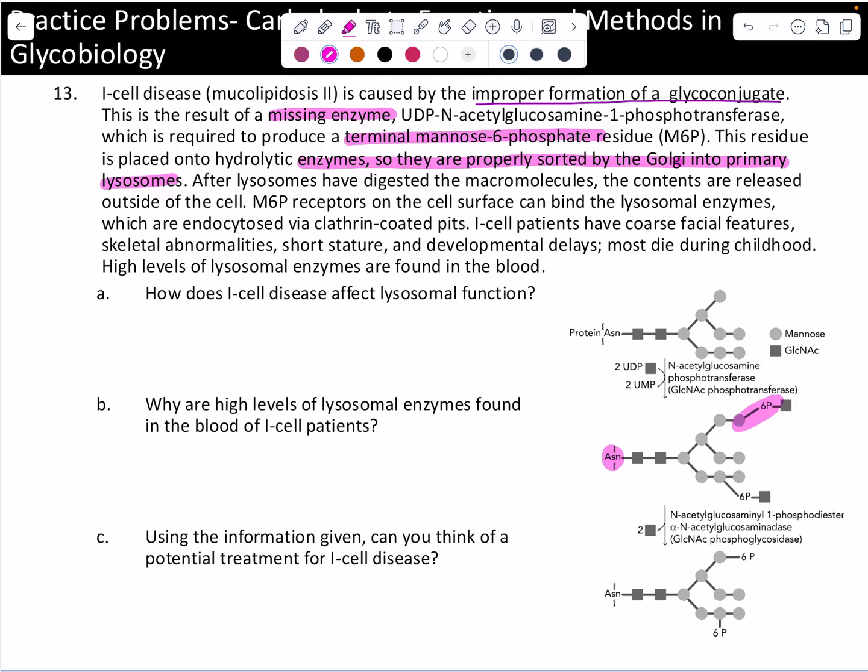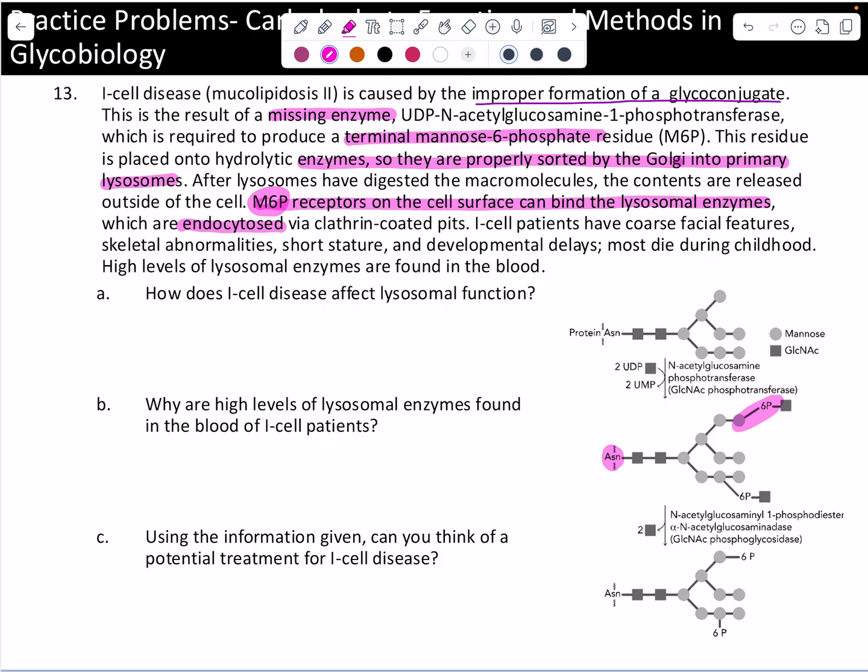And then receptors on the cell surface are going to bind the lysosomal enzymes, but they specifically recognize this M6P residue, the mannose 6-phosphate residue. And then they bring them into the cell. They endocytose them, okay?